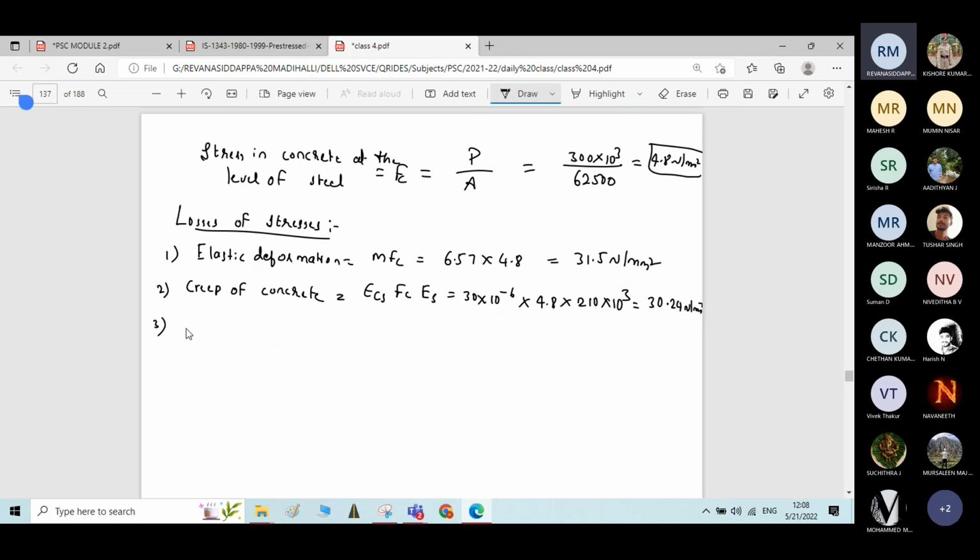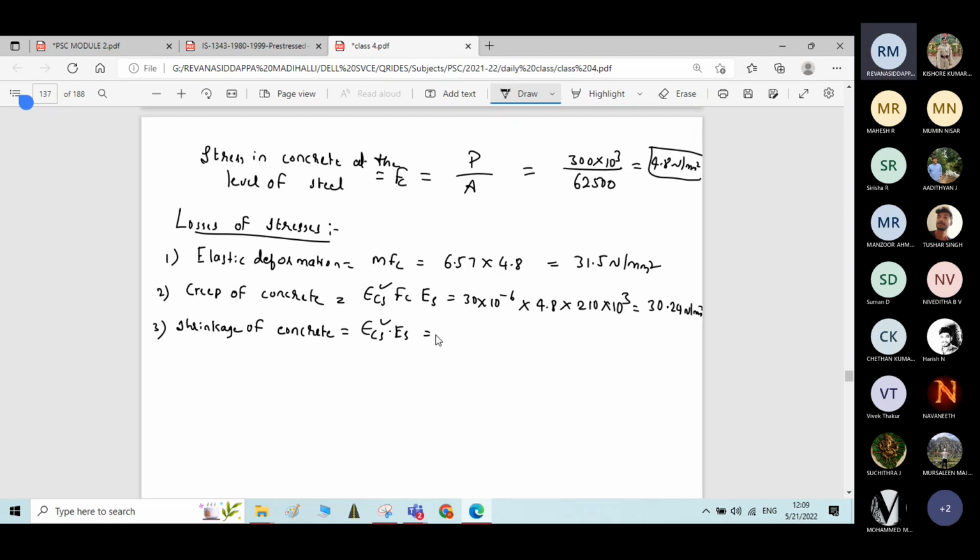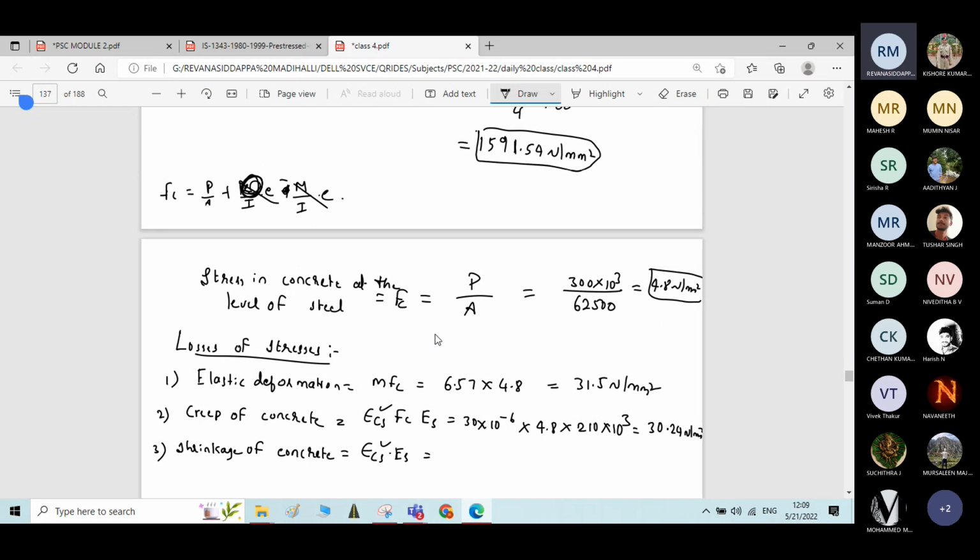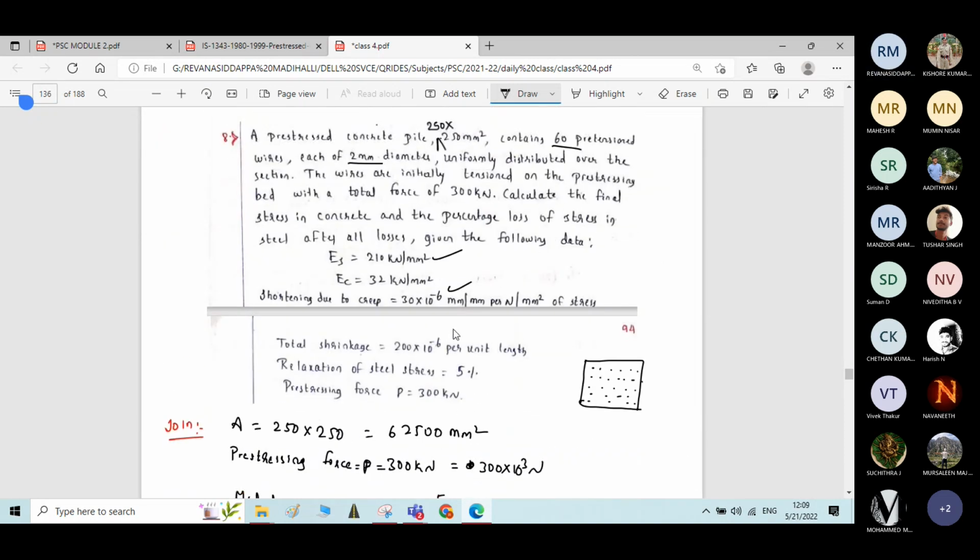Next, third one, loss due to shrinkage of concrete. The formula is epsilon CS into ES, where epsilon CS is the shrinkage strain in concrete, given as 200 into 10 power minus 6.